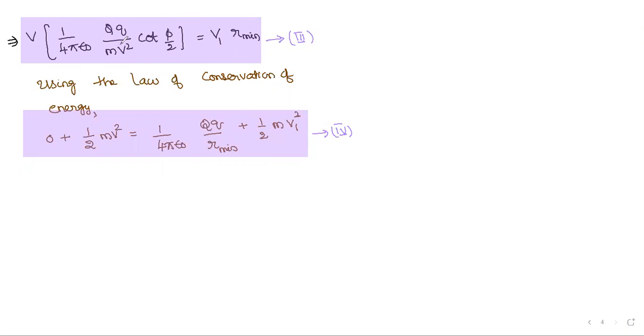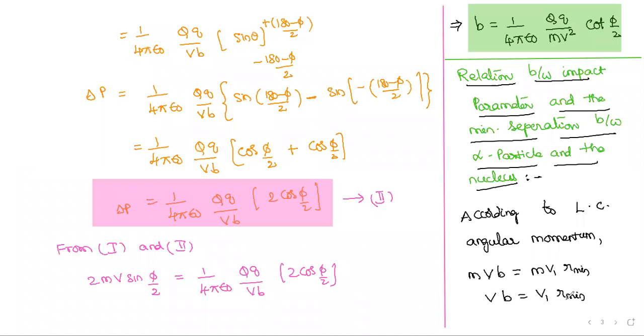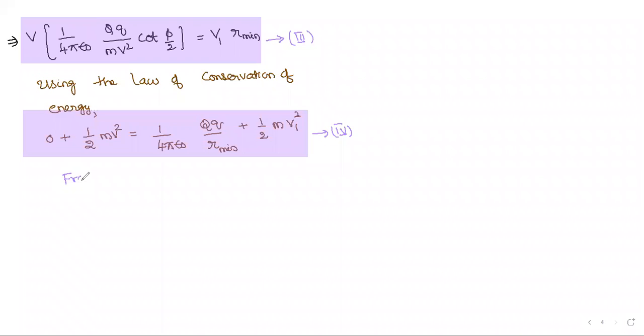Here, after substituting the b value over here, I am not comfortable to substitute, so better I go with here: vb is equal to v1 into r minimum. So from vb equals v1 into r minimum, I will try to eliminate v1 here. That implies v1 is equal to vb by r minimum.